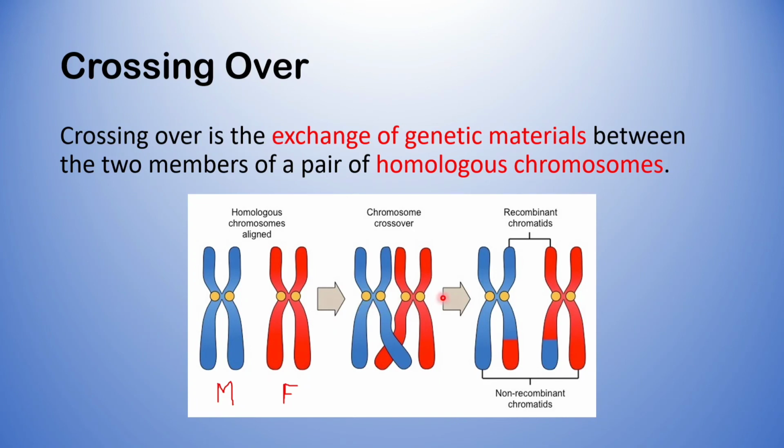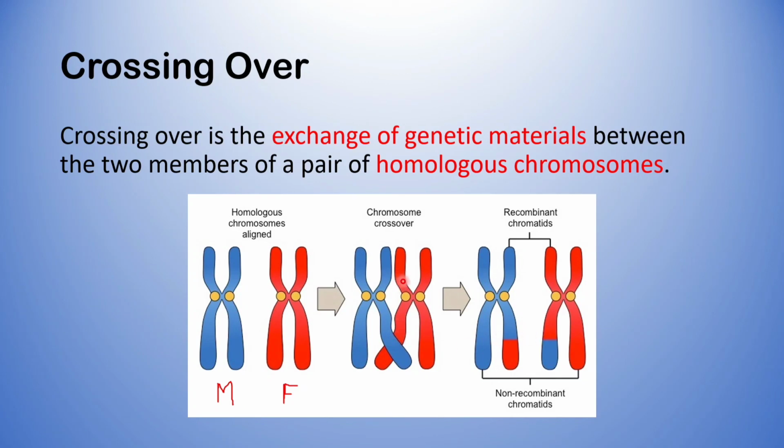When the meiosis cell division occurs, the chromosomes inside the nucleus are crossed over, and recombinant chromatids are formed. Here, non-recombinant chromatids are also shown, not a problem.